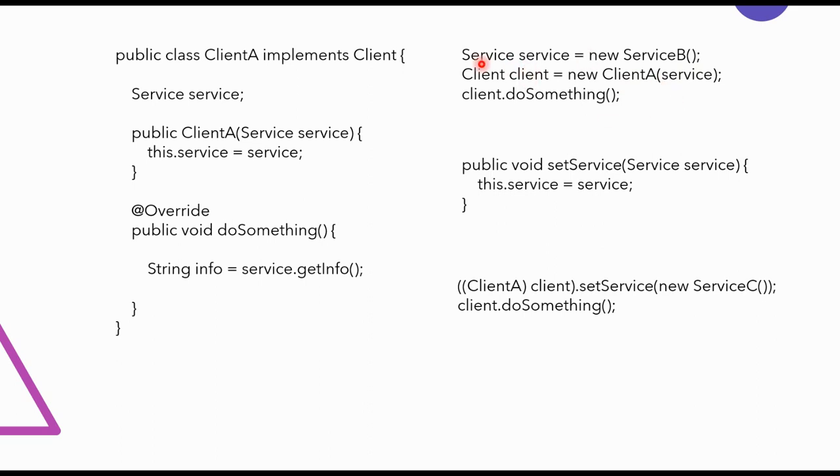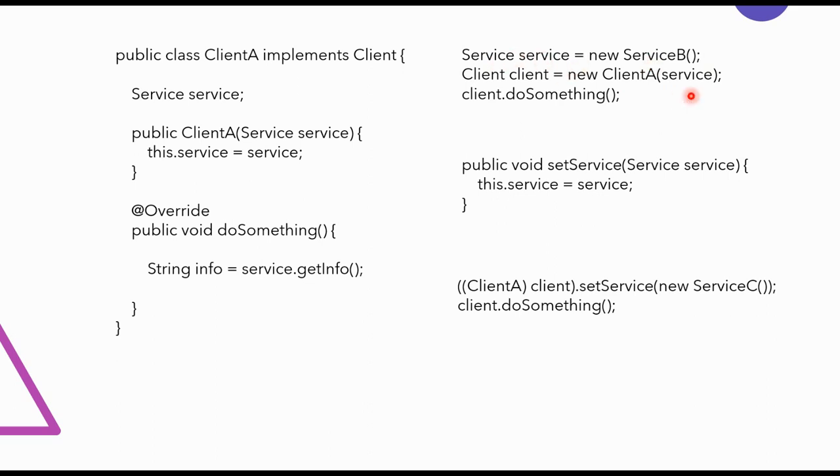Here, this is a reference of the service interface, and by calling Service B we can call the Service B method here and do something. We are injecting the Service B class into Client A without Client A knowing, so it's indirectly injecting the service class object.